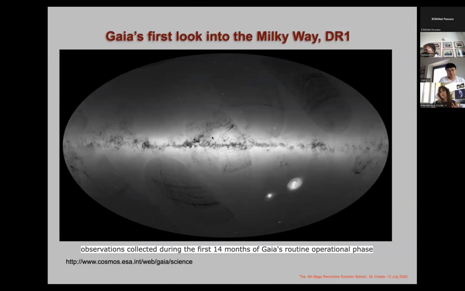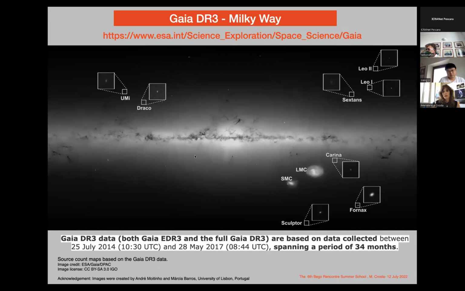This was the first picture from Gaia, the total density map of stars produced with DR1 after 14 months of Gaia's routine operational phase. You can see all the artifacts here from the scanning law of Gaia. And now this is the latest one, the total density map, which has completely changed. You still see some artifacts, but it is really improved, and after 34 months we also have details of the satellite galaxies of the Milky Way.